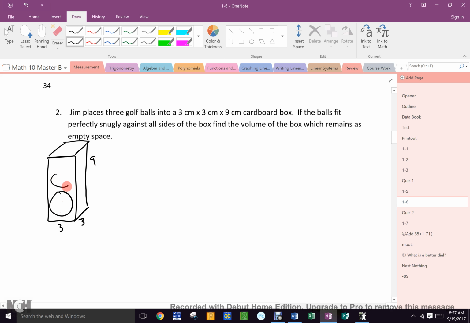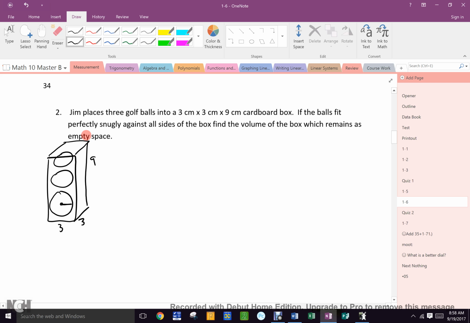So 1, 2, 3. And they fit perfectly. So what does that mean the radius of the ball is? 1.5, right? And I want the empty space.